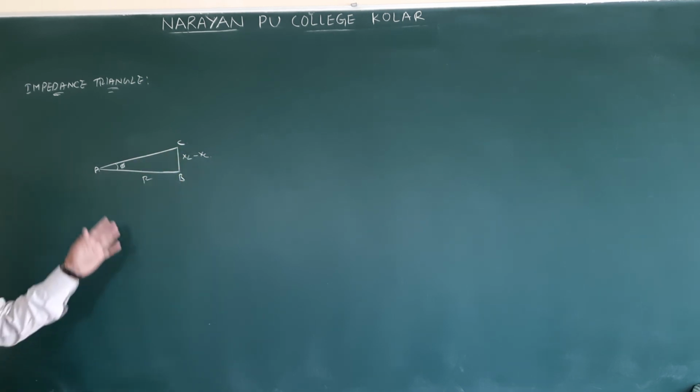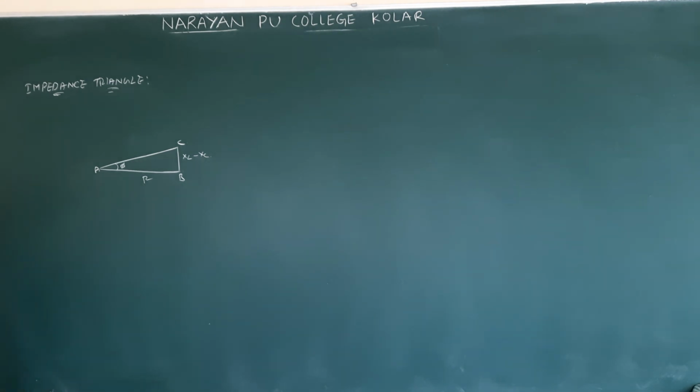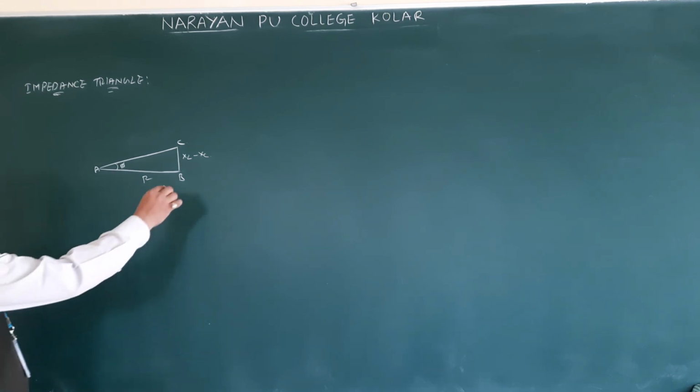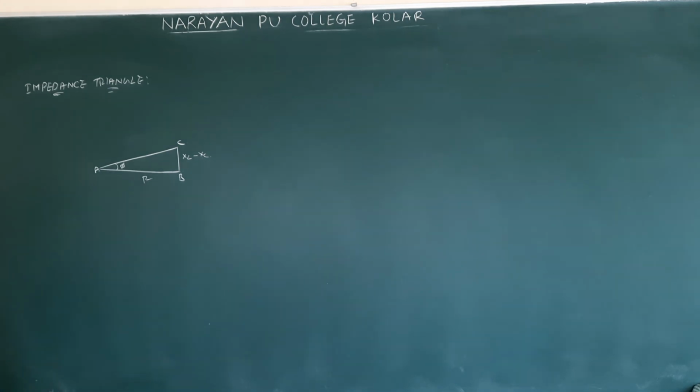In the phasor diagram we wrote VL minus VC; that one we simply wrote by cancelling I. This triangle is called the impedance triangle. The triangle which shows XL minus XC, inductive reactance, capacitive reactance and resistance.